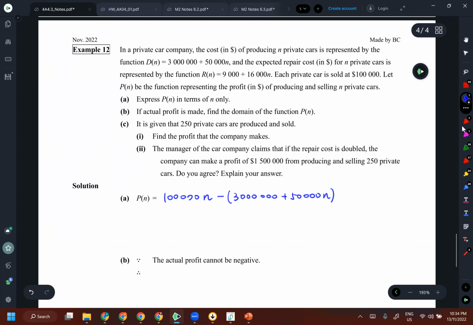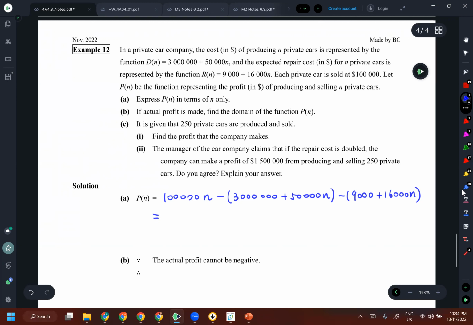The second cost being R of n, that is 9,000 plus 16,000 n. This is the money earned from selling n private cars.